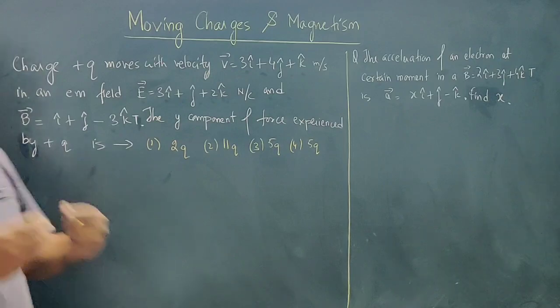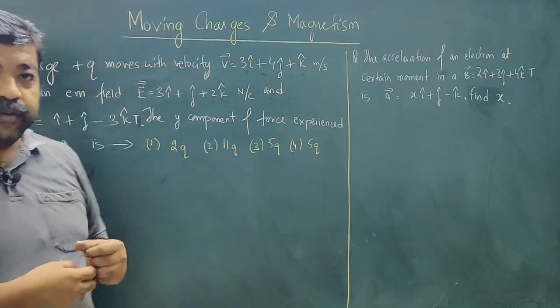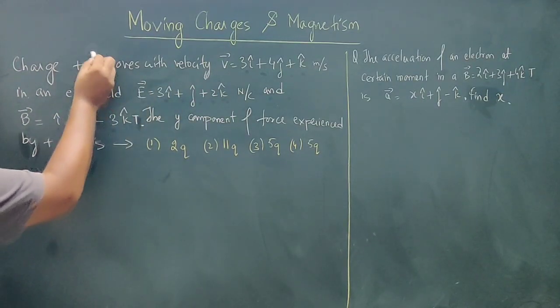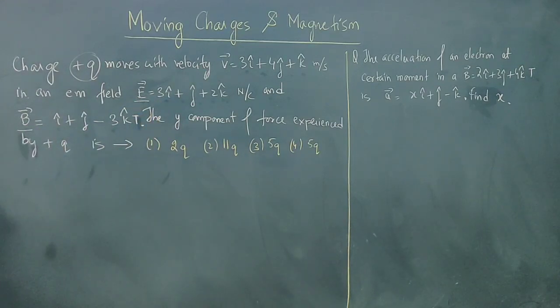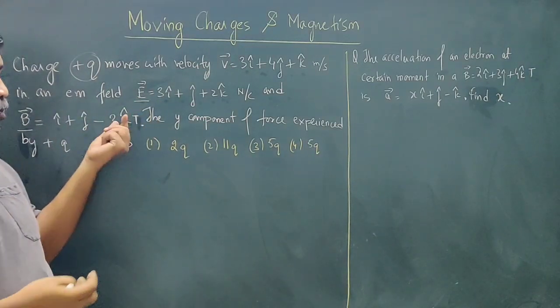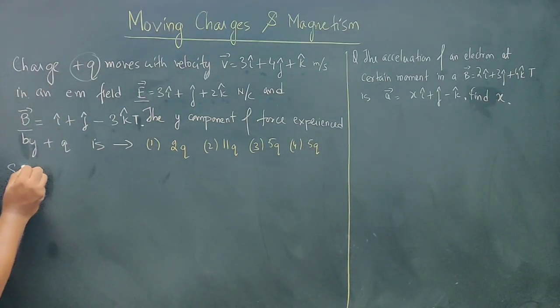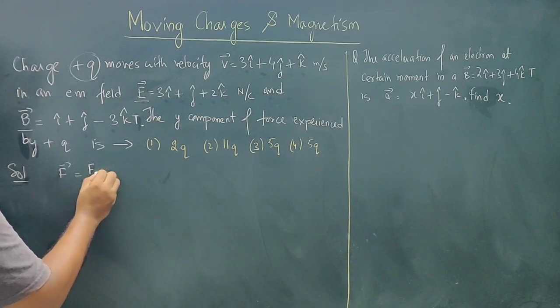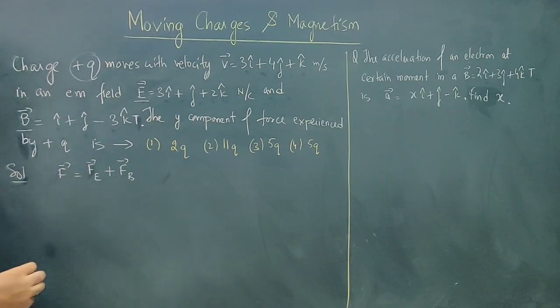You may pause the video and try this question on your own, and then you can verify with my solution. So now see this charge. This charge is moving in electric field and magnetic field. So it is going to experience force due to electric field and due to magnetic field. So we know the expression for force: force due to electric field plus force due to magnetic field.